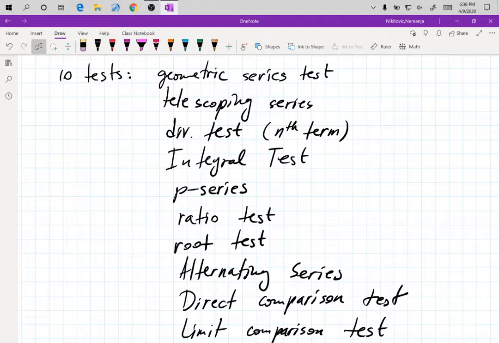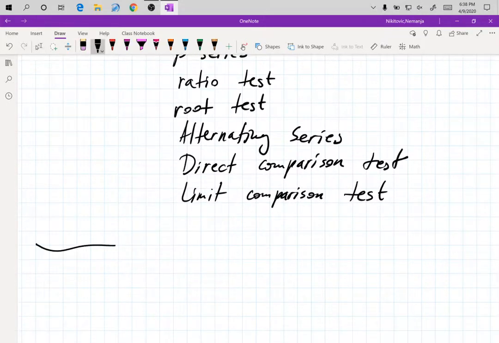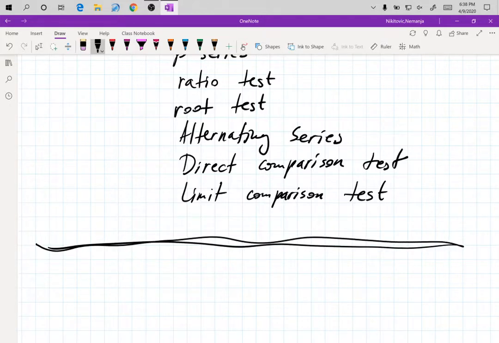So we have to be very careful, and you need to know all 10. Now, we're covering this over 5 sections, or 6 maybe. So don't stress, you're not learning everything in a day. It should take about 2 weeks to see all of the tests, and then hopefully you practice every day. So let's talk about geometric series.